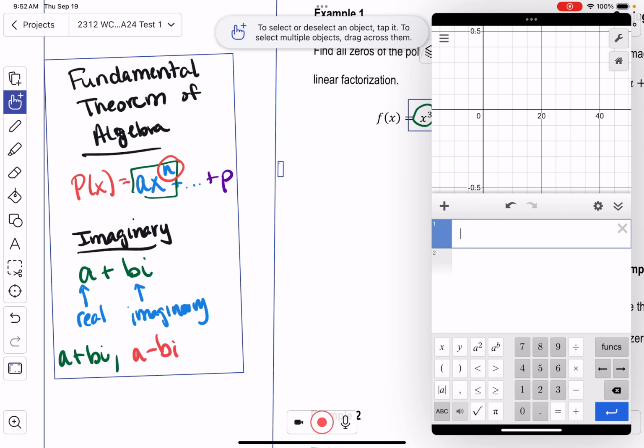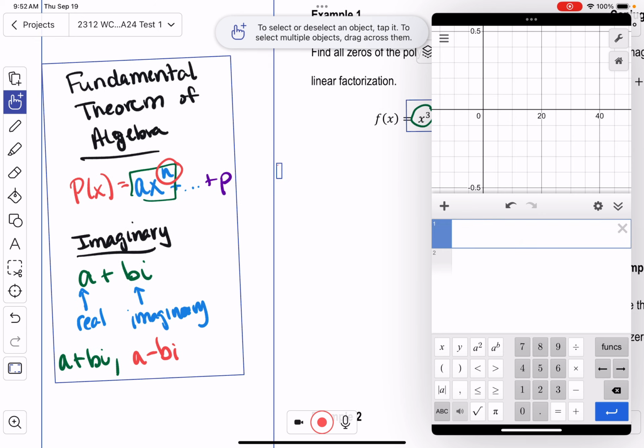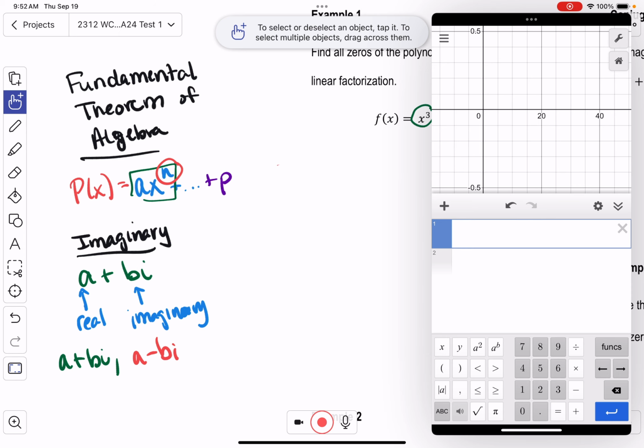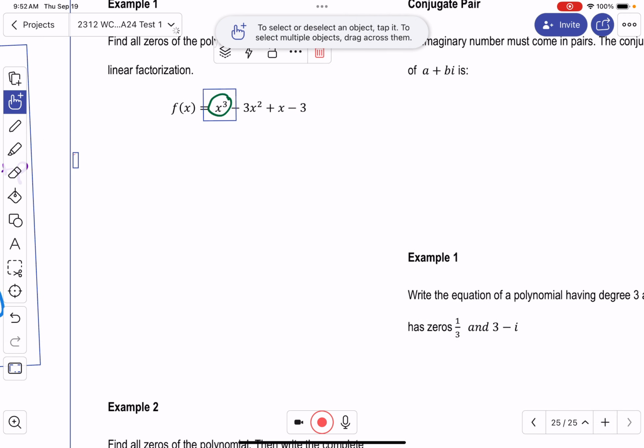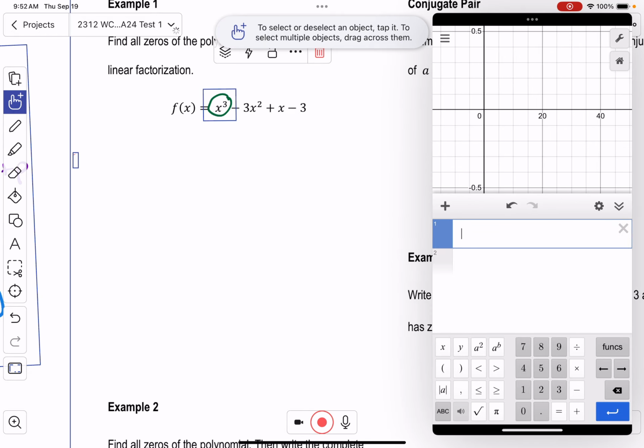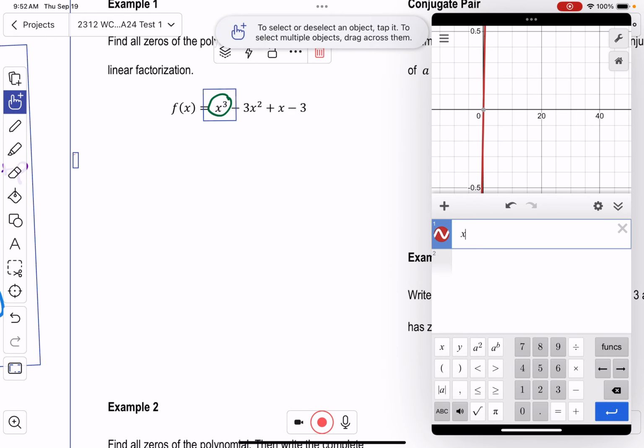Graphing x cubed minus 3x squared plus x minus 3, we know that there should be 3 solutions.